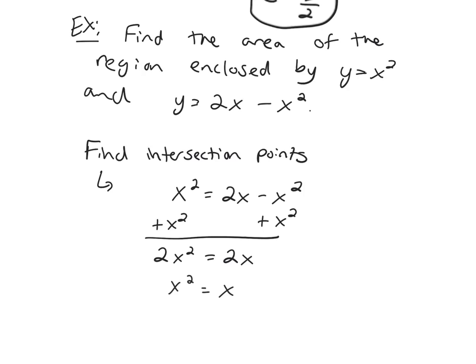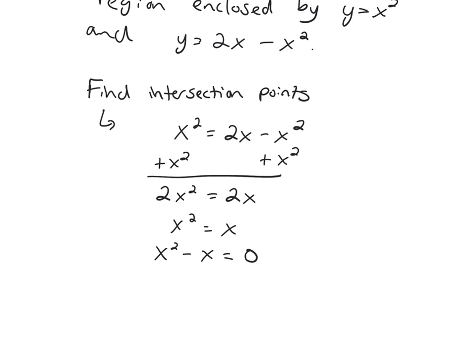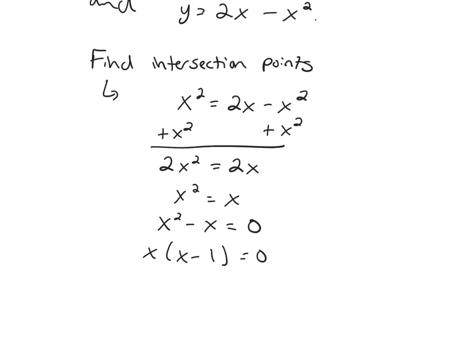And subtract it to the other side. x squared minus x equals 0. And you factor. What can I factor out of that? An x. x times (x minus 1) equals 0. And I get two solutions. I get x equals 0 and x equals 1.